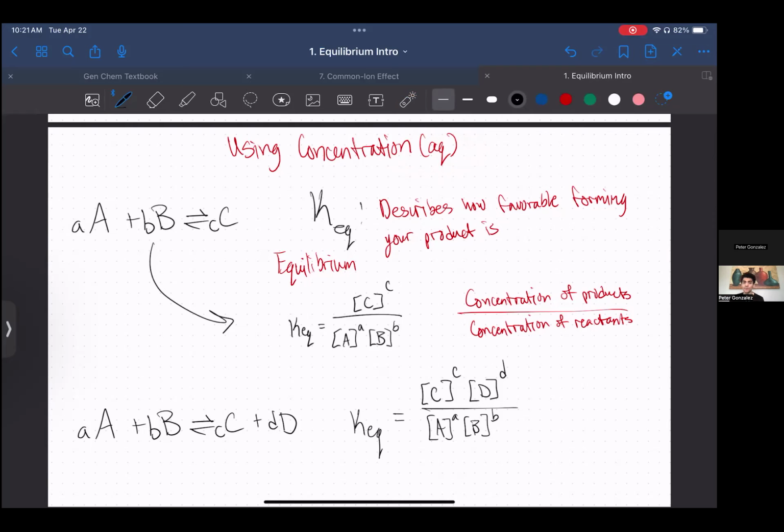But with equilibrium, you will basically only ever work with aqueous solutions of ions or gas molecules in a chamber. To be honest, I don't know all of the hard chemistry on why only ions and why only gases. We'll talk about that later. But something to keep in mind, you will basically only work with aqueous things and gases.